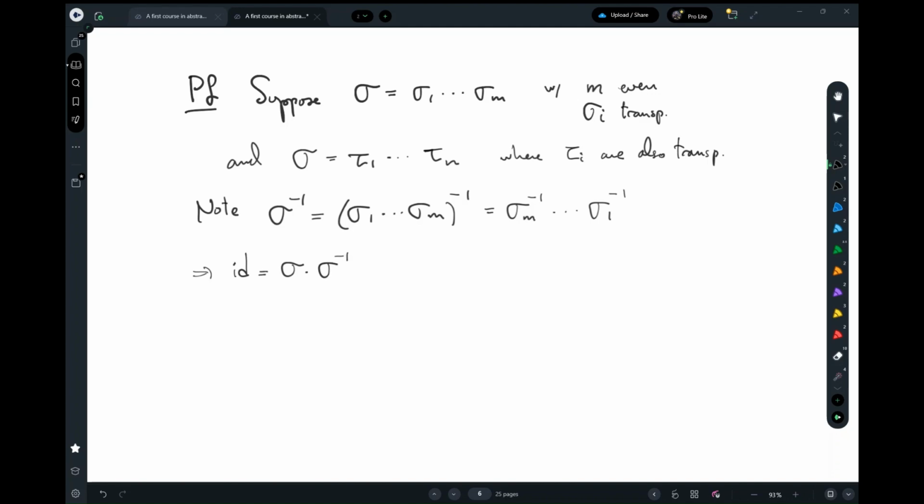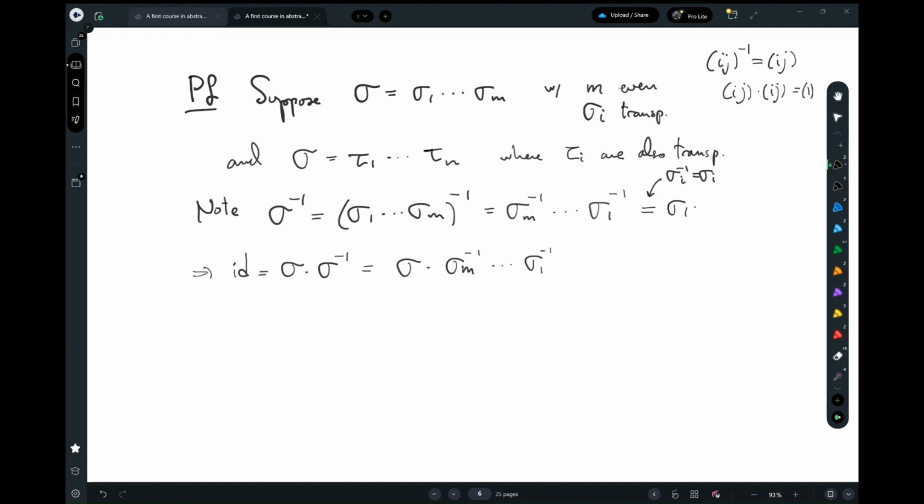But notice that these are transpositions, so the inverses are themselves. If I have ij, the inverse is ij again because ij times ij is the identity.